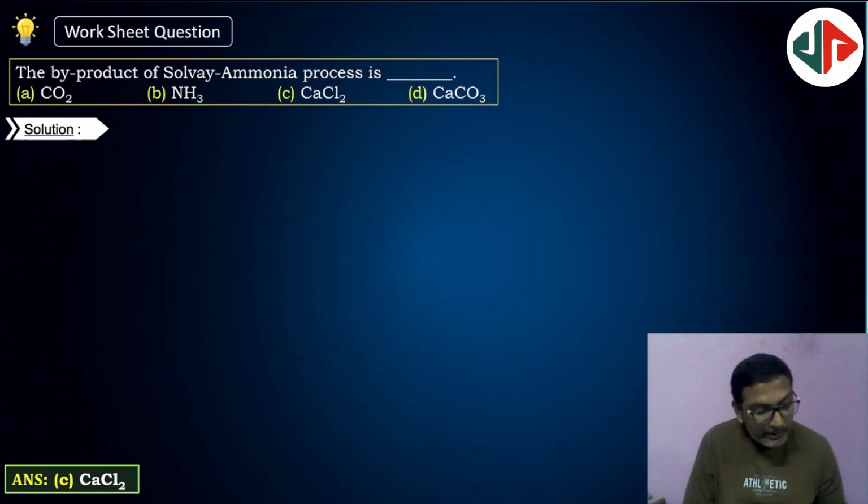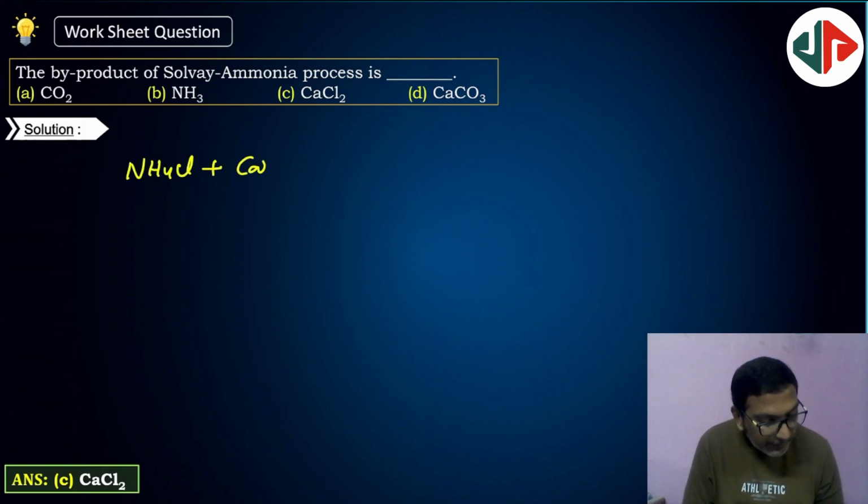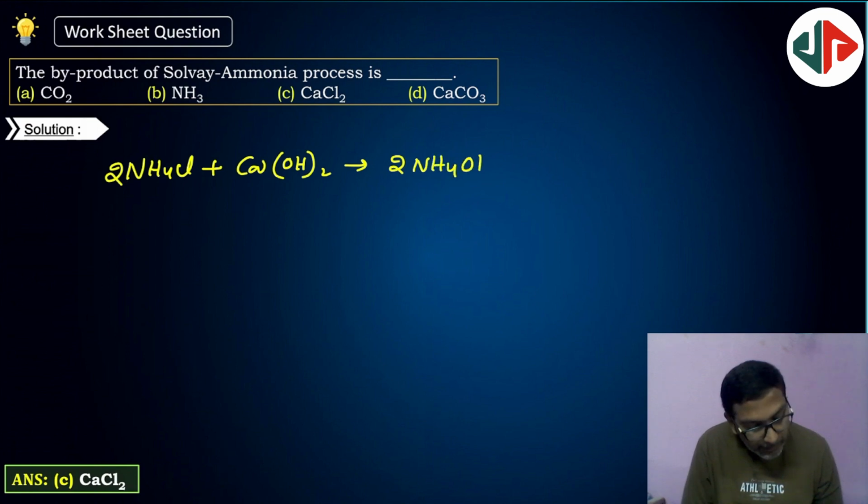The byproduct of the Solvay ammonia process or soda ammonia process. In Solvay's process we get NH4Cl as a product that reacts with Ca(OH)2 to form 2 moles of NH4OH plus CaCl2.